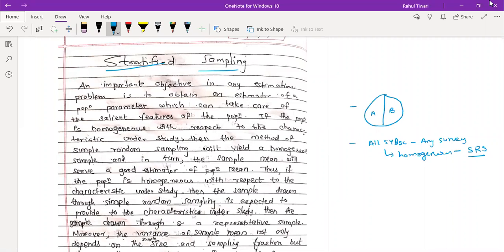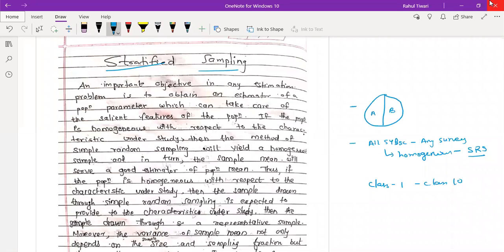Heterogeneous data means, let's say, the height of students from class 1 to class 10. If I'm assuming the data of students from class 1 to class 10, what are the heights?